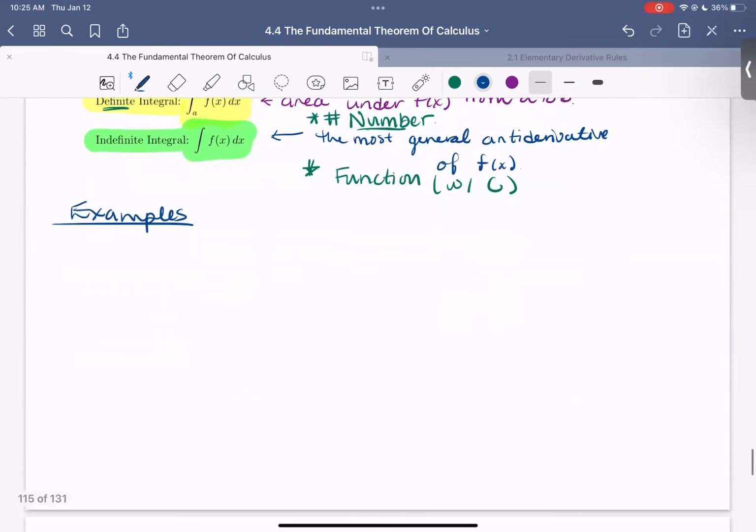So let's look at the integral of x to the fourth dx and compare that with the integral from 0 to 1 of x to the fourth dx. This first integral is an indefinite integral. It's asking us to find the most general antiderivative of x to the fourth.